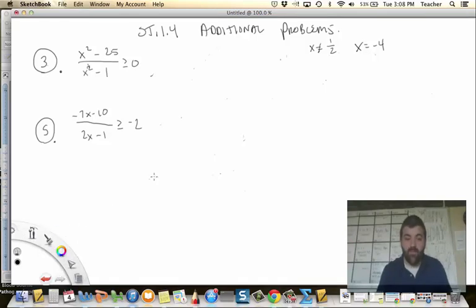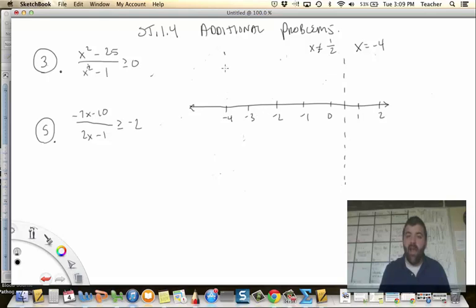So what we have here is a fence line at negative 4 and a fence line at 1/2. Now we're going to test this. We're going to pick a number in this segment right here. I'm going to pick 0.